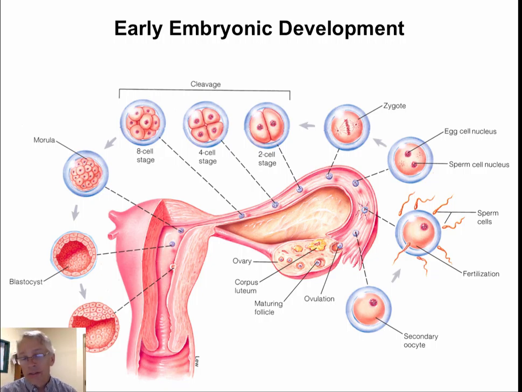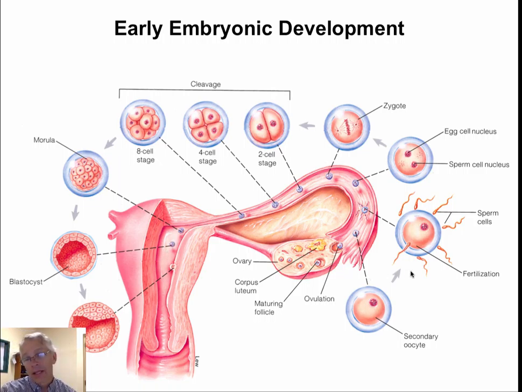So here is what those early days might look like if an egg is released and fertilized. As I said, the egg will be sort of captured by the fimbria of the uterine tube, the fallopian tube, and will be drawn into the uterine tube. And it is usually within the first day or so after ovulation that if the egg is going to be fertilized, it will be fertilized in this region of the uterine tube, and it will continue to travel down the uterine tube toward the uterus.